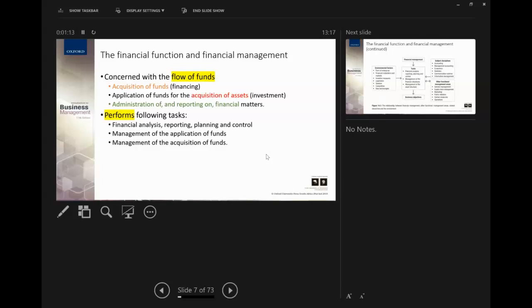the financial function and financial management is concerned with the flow of funds. You've got the acquisition of funds, which is a fancy way of saying financing. To start a business, there is some level of financing required.